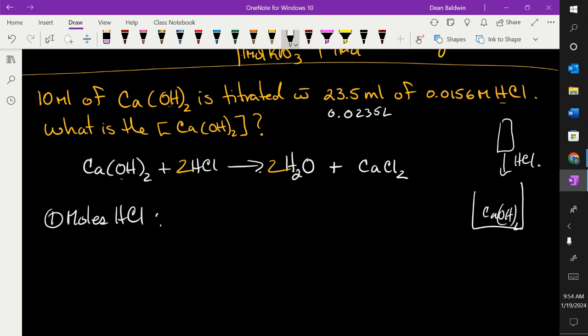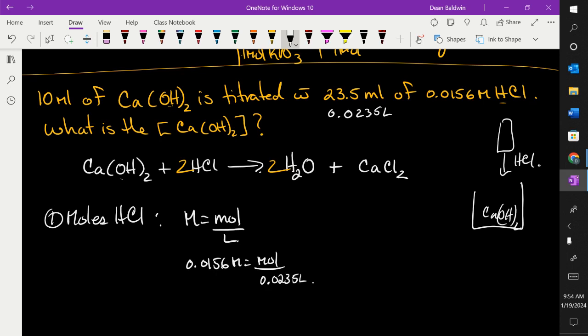Okay, well, molarity is moles per liter. I'll give you that formula. There you go. So molarity is 0.156 molar, moles over the liters, which is 0.0235 liters.